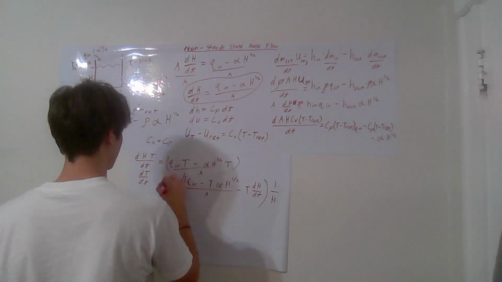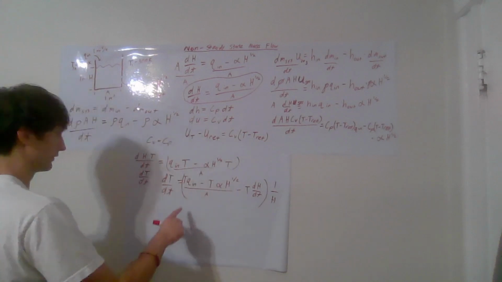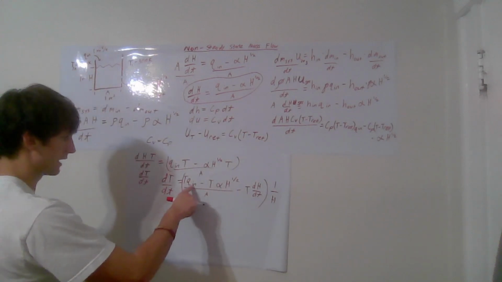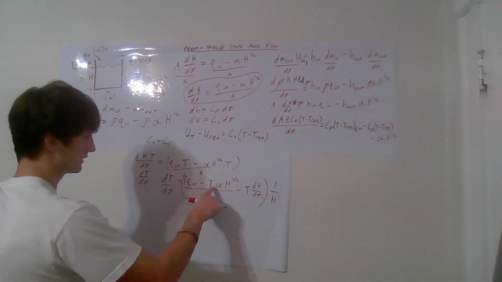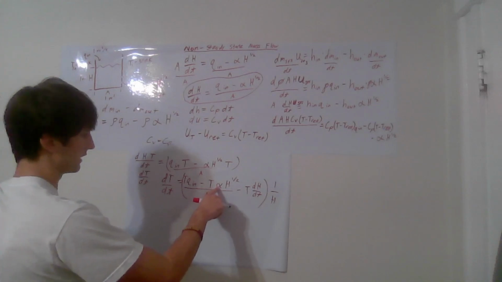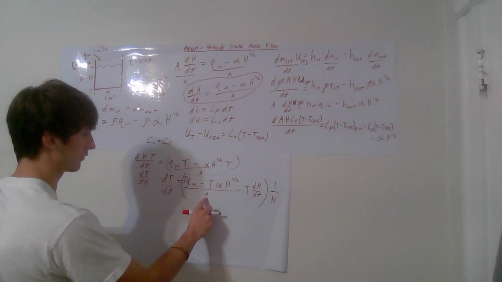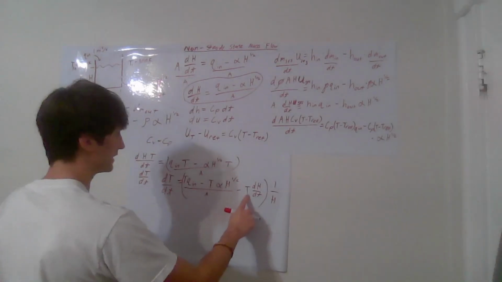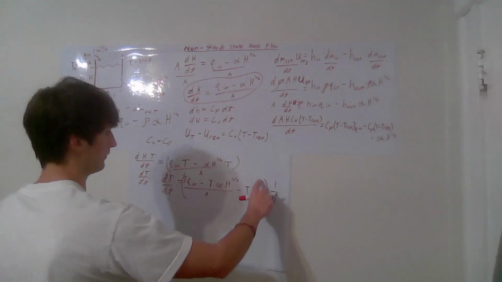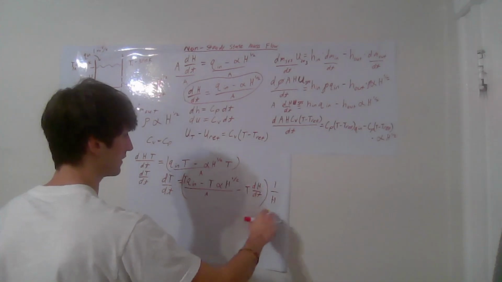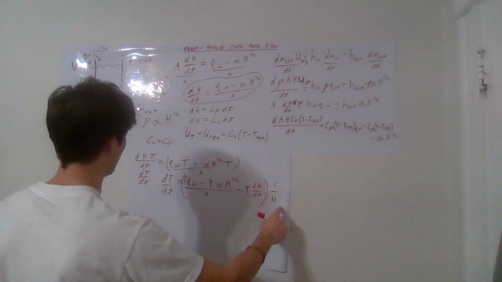So we're just left with the change in temperature over time equals the temperature times the flow rate in minus the temperature times alpha, our height to the 1/2, all divided by our cross-sectional area, minus the temperature times the change in height over time, times 1 over the height.